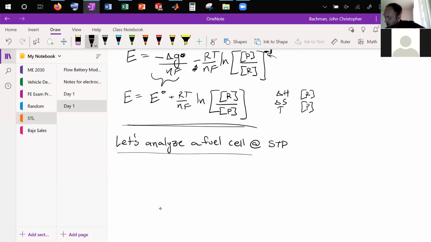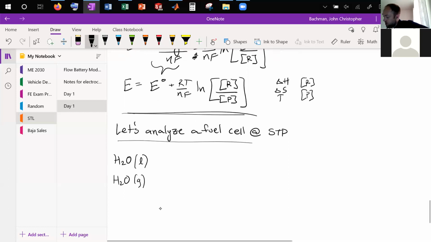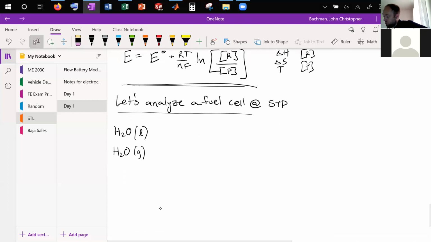So if we look at water as a liquid, water could also be a gas. At over 100 C, it's definitely going to be a gas. At lower temperatures, it's more likely to be a liquid, but that's not to say that it can't be a gas at lower temperatures, especially considering you're forming it in air.